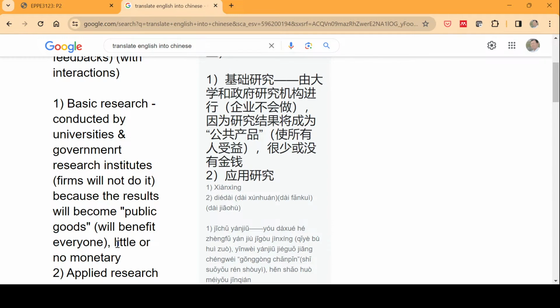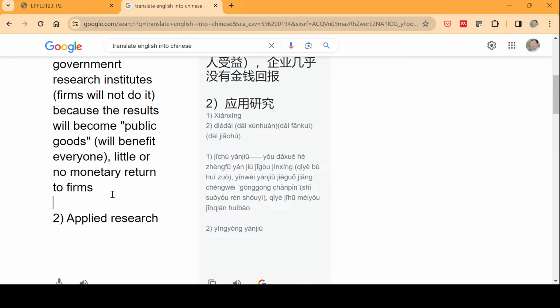That's basic research. Basic research is to move the frontier of knowledge. That's the purpose of basic research.